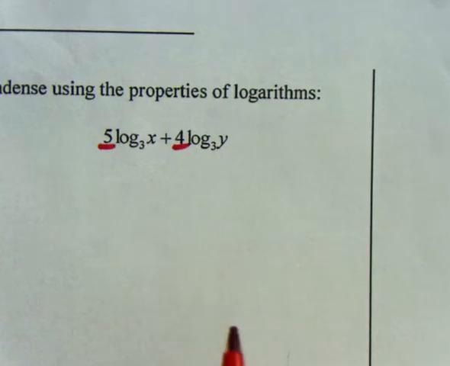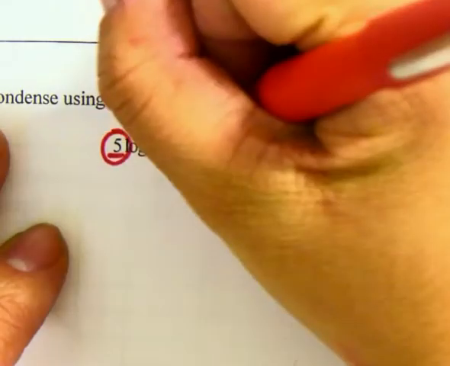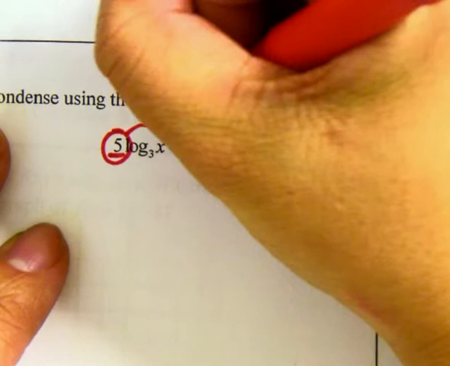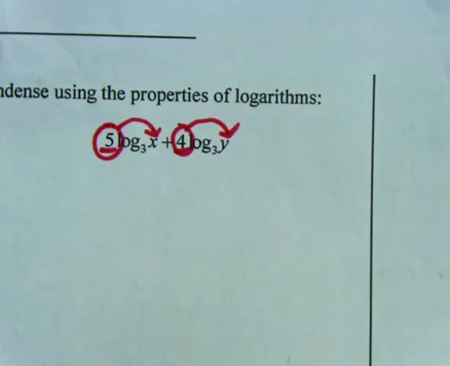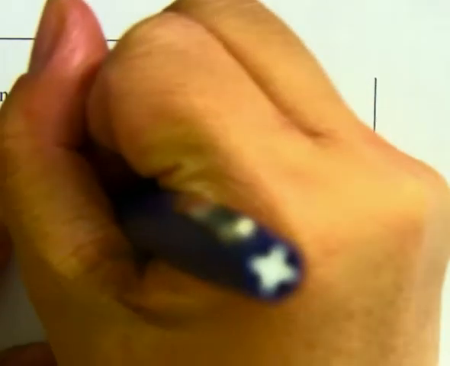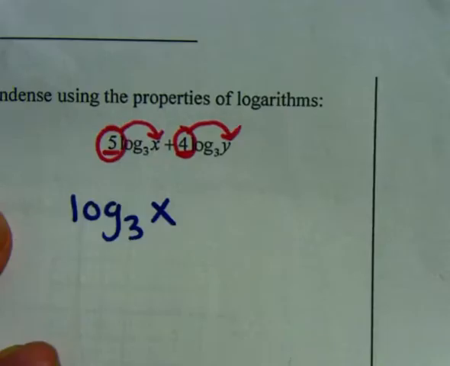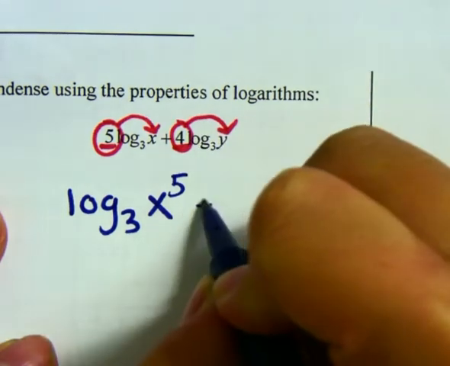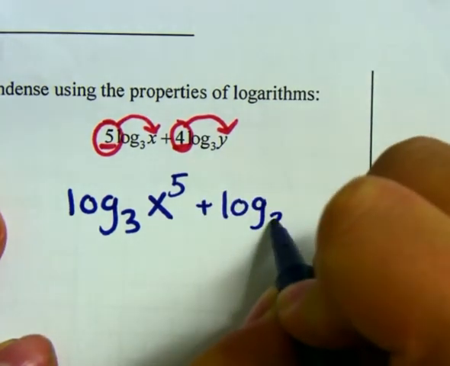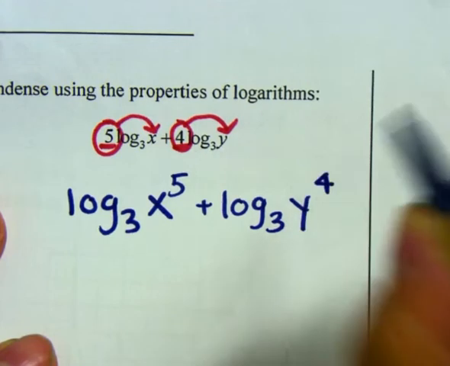So to reverse that, we take those coefficients and move them back so that they become exponents. So it says log base 3 of x to the 5th power plus log base 3 of y to the 4th power.